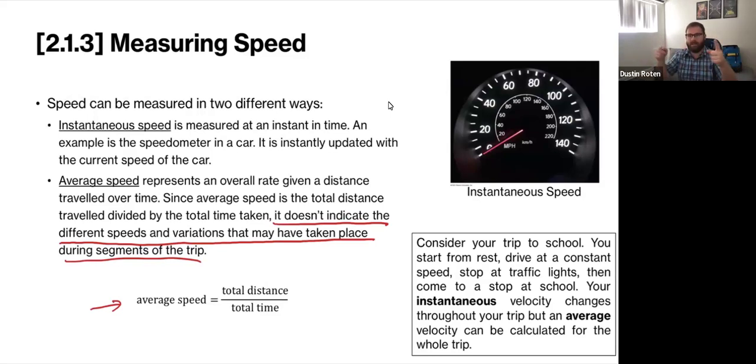You take that distance, divide it by the total time, and that gives you your average speed, but it doesn't reflect that you stopped at traffic lights, or were driving on the interstate going 80 miles per hour, or driving down a gravel road at some point at 2 miles per hour. So this is just one big bulk measurement for the entire trip.